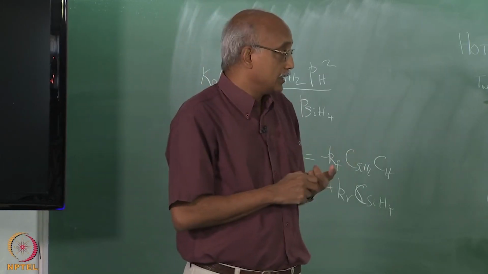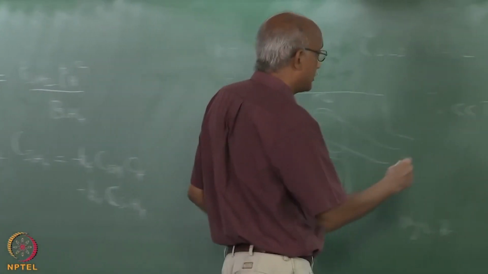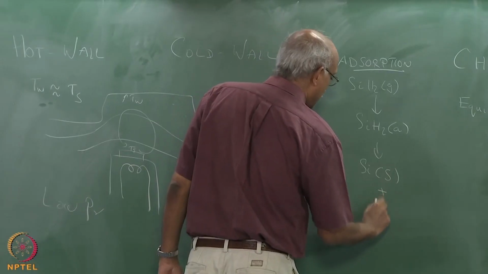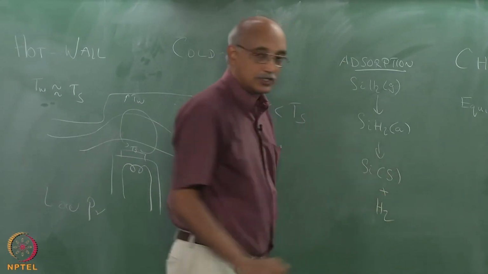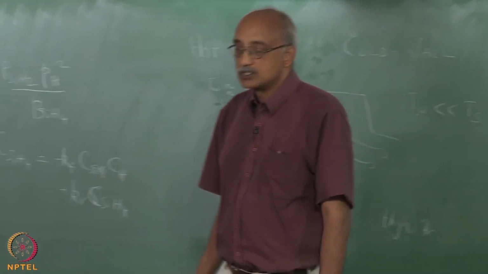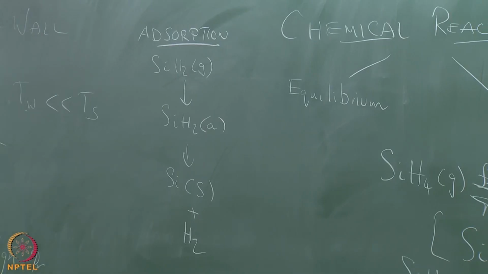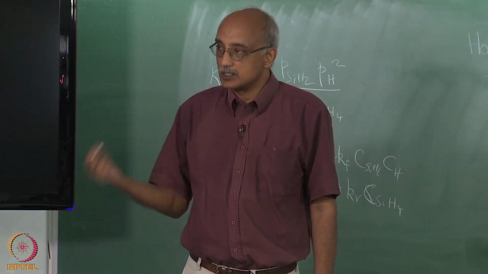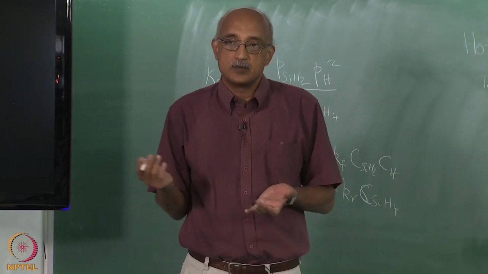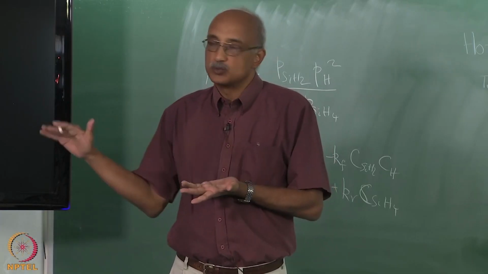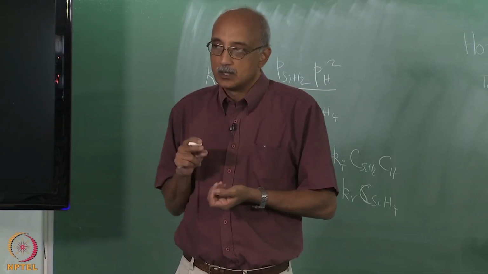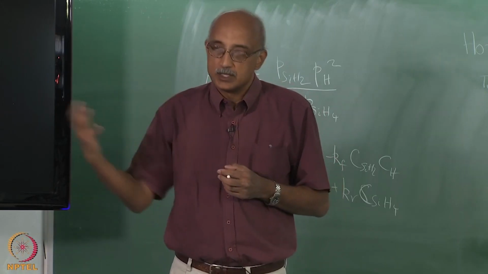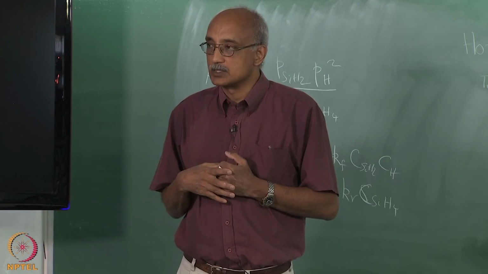So, the next step from SiH2 adsorbed is for silicon to become a solid phase and release the H2 as a desorbed vapor. That is the next step, and desorption also is a process that is enhanced by temperature. So, temperature not only makes it easier for the SiH2 molecule to move around and find a vacancy and therefore lose the silicon, but it also makes it easier to desorb the hydrogen and get it out of the system.